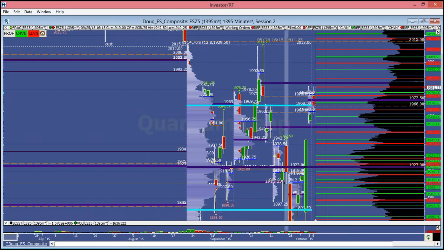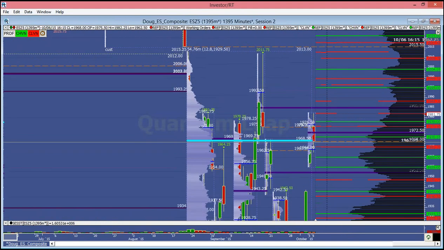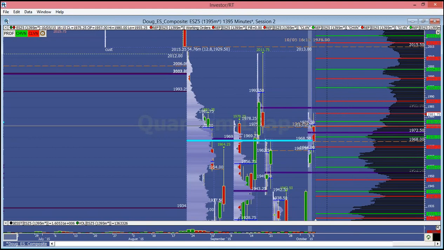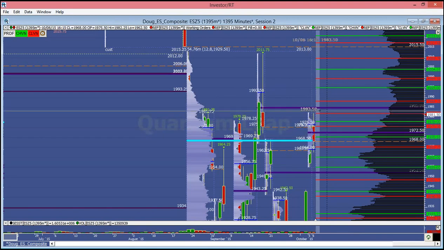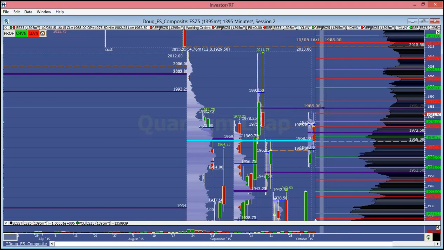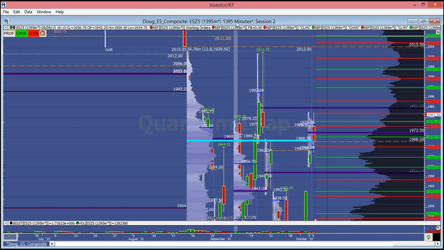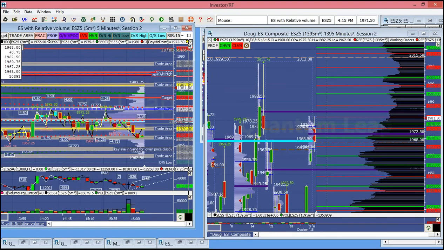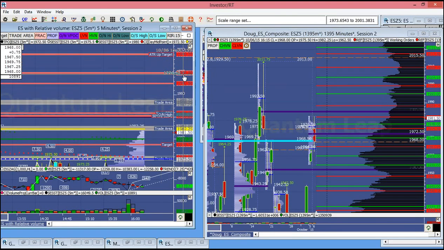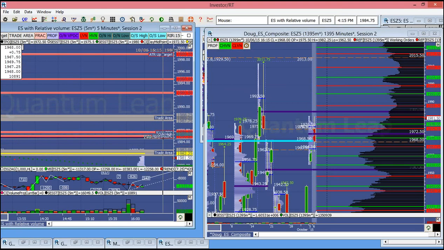We're not done with this area yet, but it looks like they want to do a little bit of price discovery above. So I mean, the big destination is 85, and then we can see if we get up there and we accept this 85, then we're likely to test some of these upper levels. So outside of range and outside of value, look for this area to be tested.